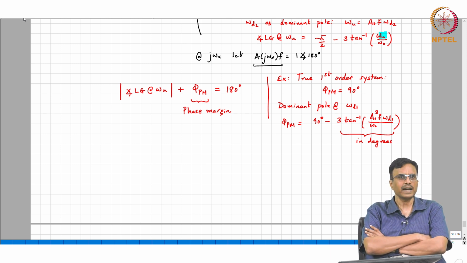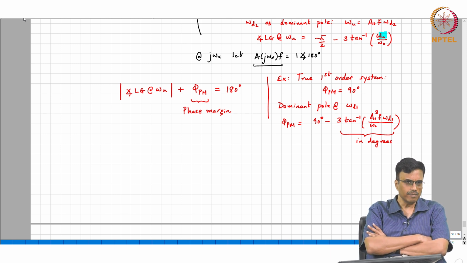Of course, if you do that, you will have a large phase margin, but you will be paying in terms of bandwidth. On the other hand, if you make the phase margin too little, then your system will have a large bandwidth, but is on the verge of being unstable.